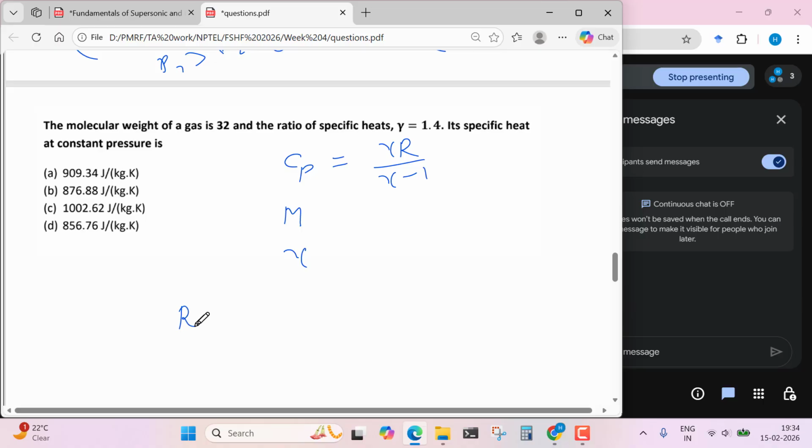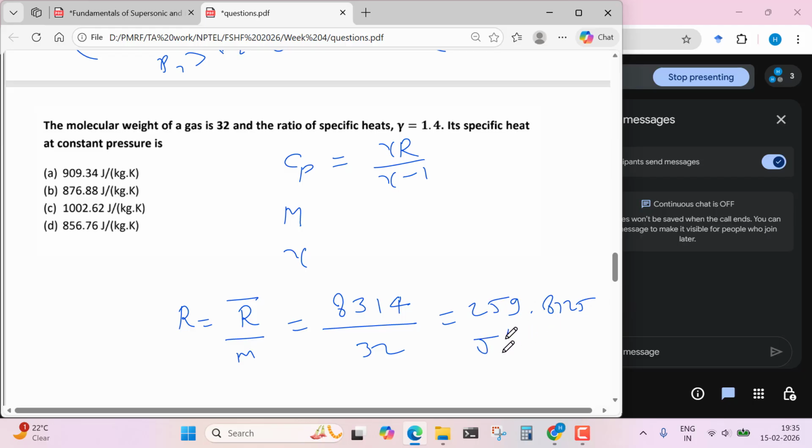How is R given? R is nothing but R bar upon M, where R bar is the universal gas constant, which is 8314 joule per kilomole per Kelvin, upon 32. If we divide it, we get 259.8125 joule per kg Kelvin.